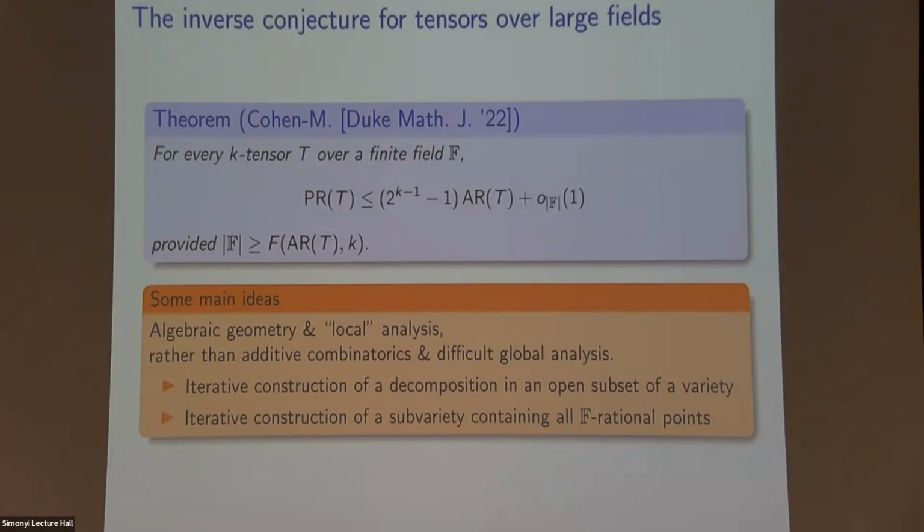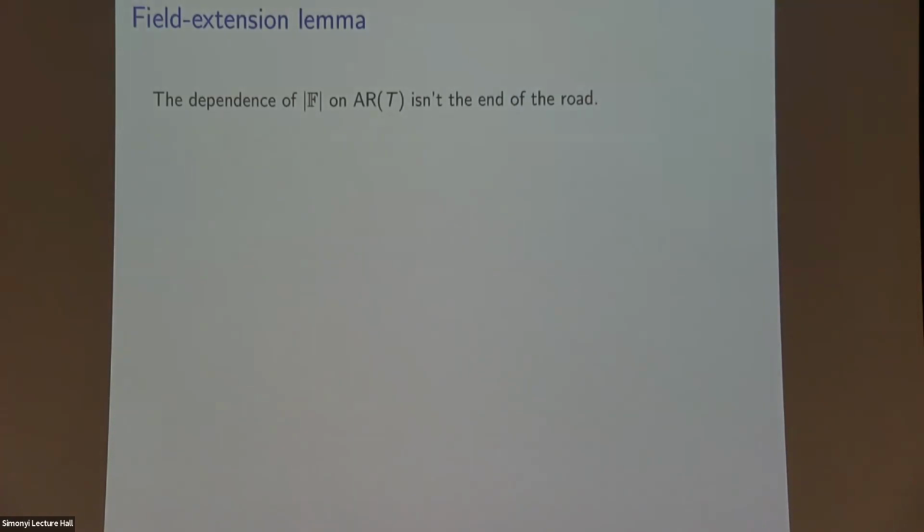So we had an iterative construction of subvarieties. We start from an almost arbitrary variety and find some subvariety that retains all the F-rational points and has a point which is also F-rational and non-singular. But that requires a lot of work and is responsible for the assumption on the field size. So it completely breaks down if your field is small, which maybe is not surprising.